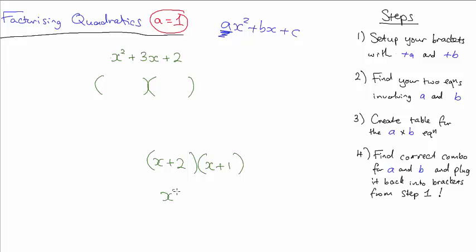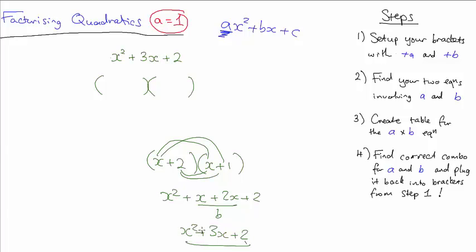These would expand to 2x squared plus 1x plus 2x plus 2. Basically, I've just given you the answer, but obviously we've got to get you to the point where you could actually know that this multiplied out was that.